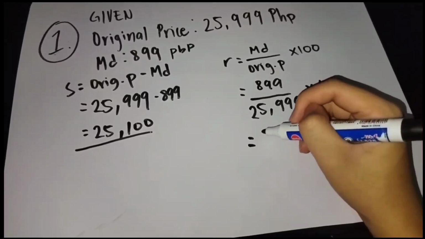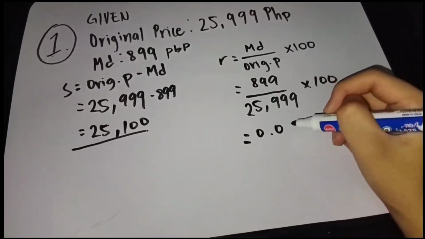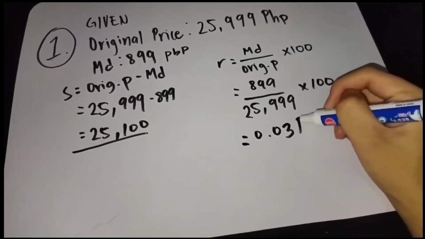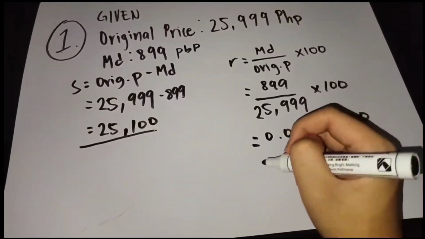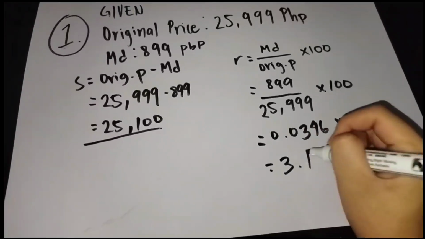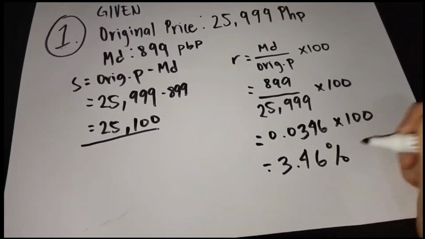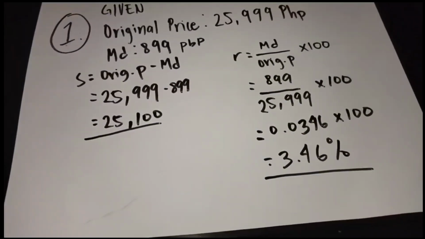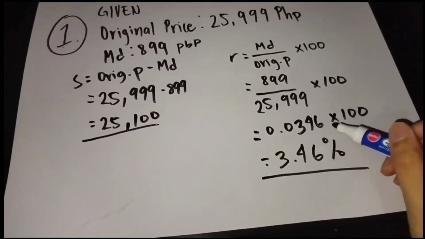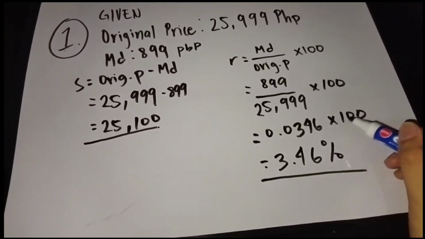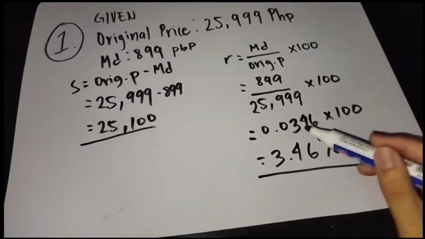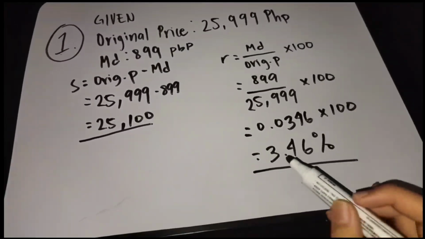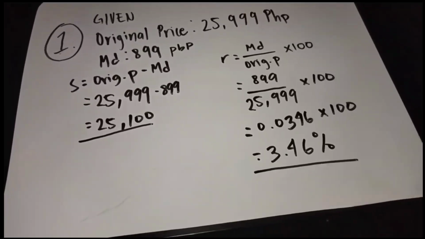At ang magiging sagot ay 0.0346 times 100. Kung ita-times natin yan, ang magiging sagot ay 3.46% ang rate natin. So, paalala lang, kung diretso mo mang i-times sa 100 yung lumabas na calculator after mo mag-divide o ito man yung gamitin mo, parehas lang silang mapupunta sa 3.46%.